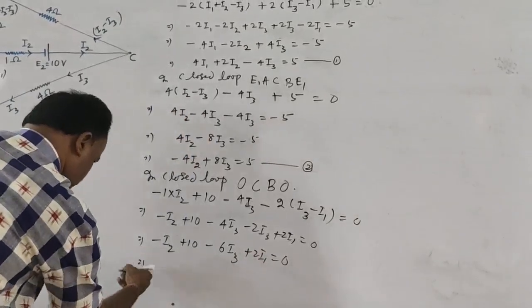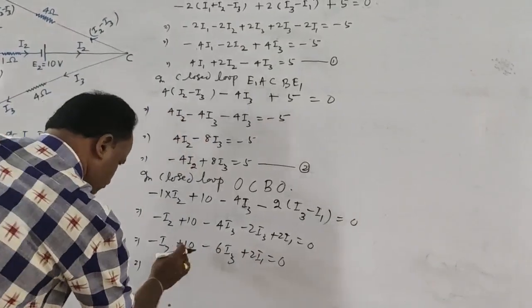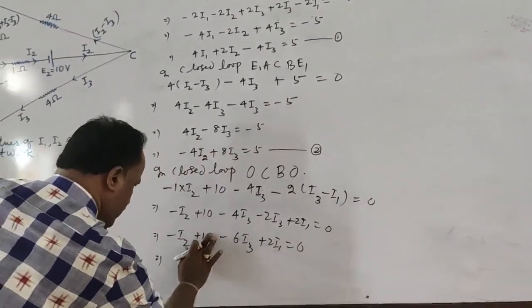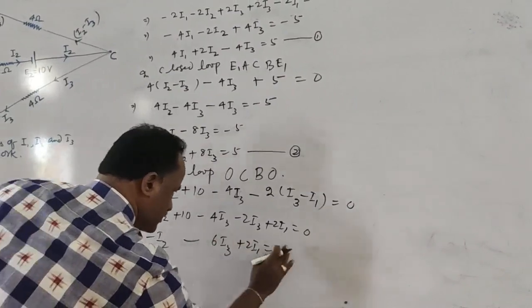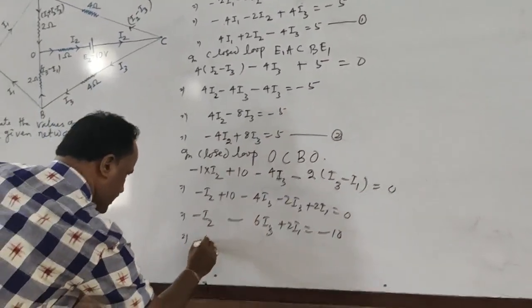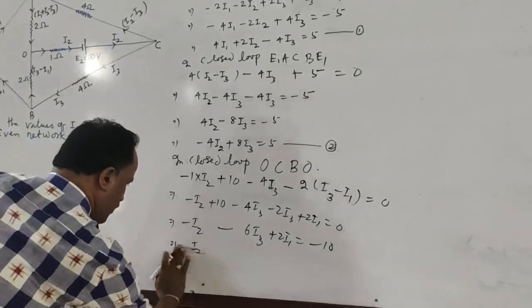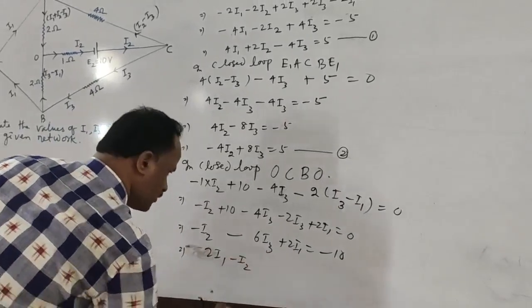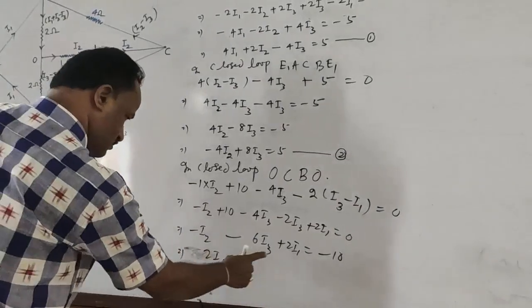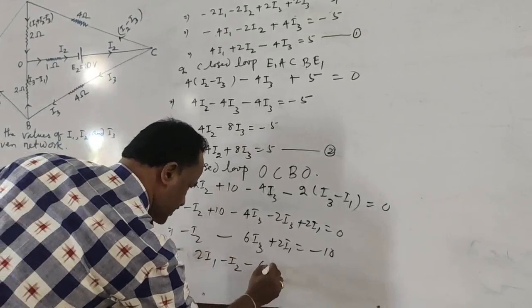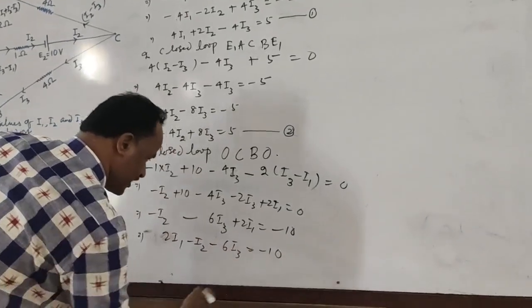To rearrange the equation, if you take that 10 to the other side, it is minus 10. Cancelling the minus sign, we get 2I1 minus I2 minus 6I3 is equal to minus 10.